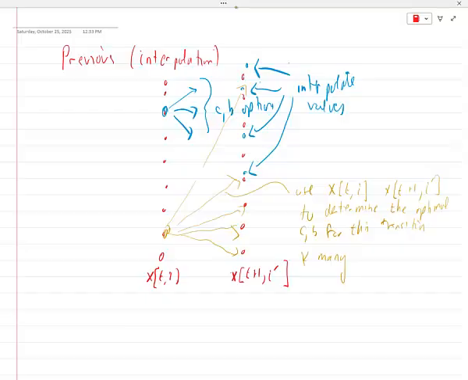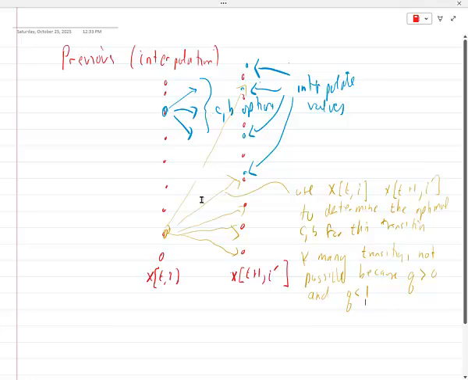So there are many transitions that are not possible. Because Q has to be bigger than 0. Actually, Q has to be between 0 and 1. So I also can't have transitions with too much consumption and insurance.